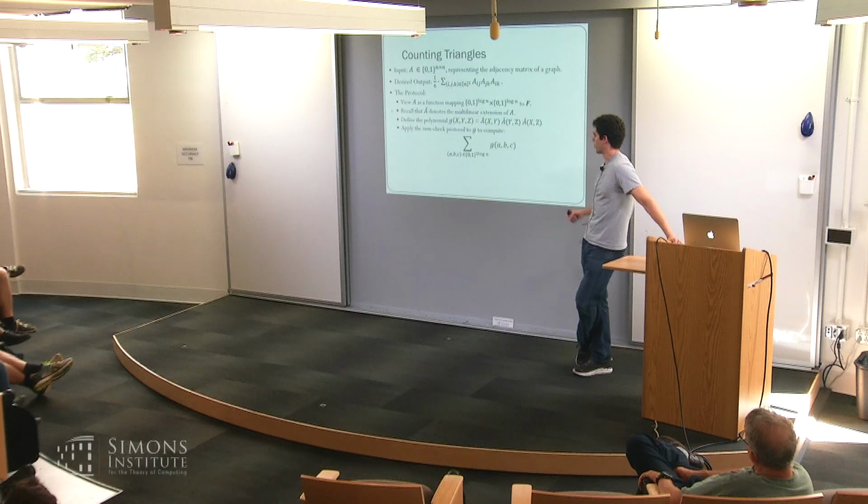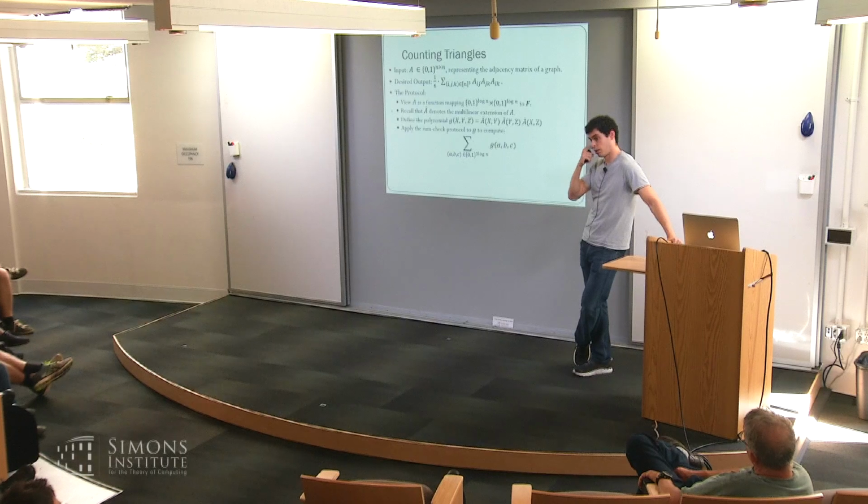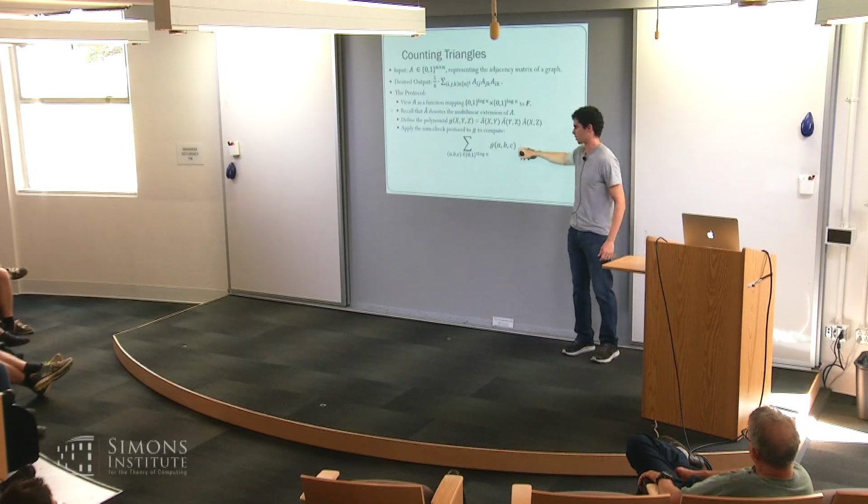So the question was, can you solve this problem just using a matrix multiplication protocol, because you can count triangles with matrix multiplication? The answer is you can, but in that protocol, the matrix multiplication protocol, the prover had to send the actual product matrix. And that would be n squared bits. And the total communication of this protocol is going to be on the order of log n.